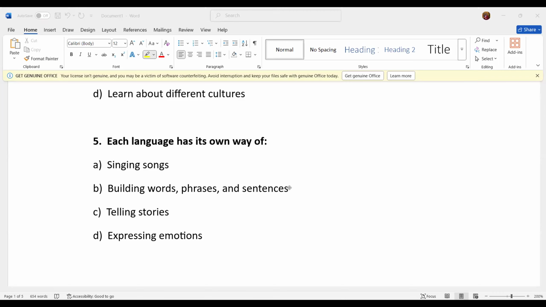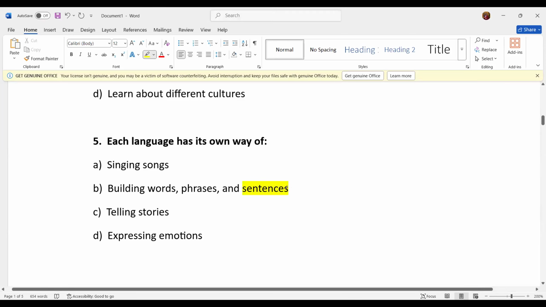Building words and phrases and sentences. Okay, your answer is correct.